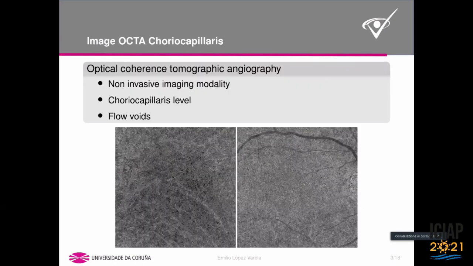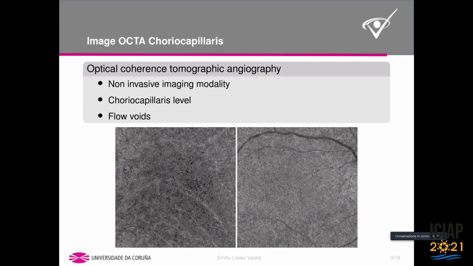So to give you a little bit of context, what is OCTA imaging? OCTA imaging is a non-invasive imaging modality that is obtained by temporal contrast of the OCT imaging. It therefore shows a greater intensity in those areas that change over time, such as, for example, vascular areas.